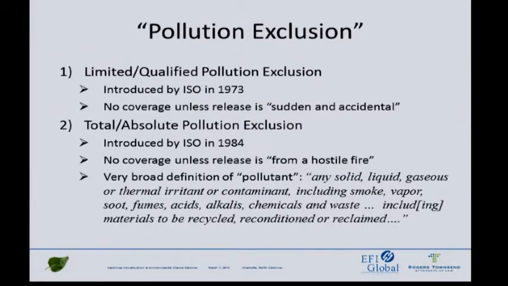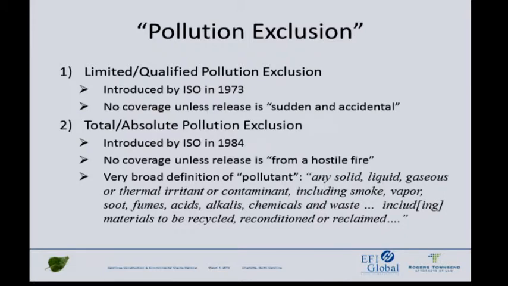Pollution exclusion. And again, I'm going to talk about it in terms of the ISO provisions that came into play in the CGL policies. There's two basic pollution exclusion provisions, and they'll have different names, but the first one was introduced by ISO in 1973. And it's called the limited pollution exclusion or the qualified pollution exclusion.